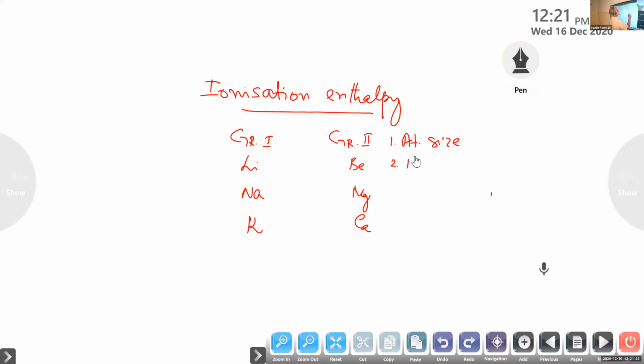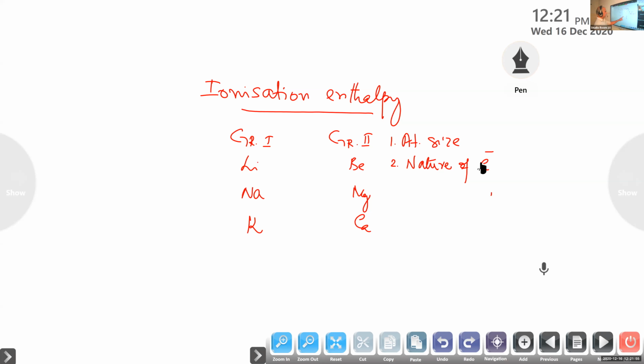There are other factors also, say the shielding effect of the inner orbitals, the inner electrons. All these come into play when we deal with the ionization enthalpy. Now you consider here only two factors: atomic size and nature of the electron.